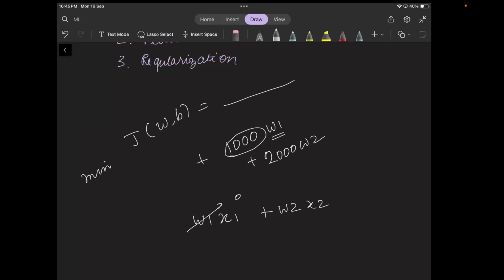Now if here I have some small regularization parameter, w1 would take a large value, so I'm giving more importance to that feature. So if I add lambda and wj squared to my cost function, you can prove that it would result in fitting a smoother curve for the data.